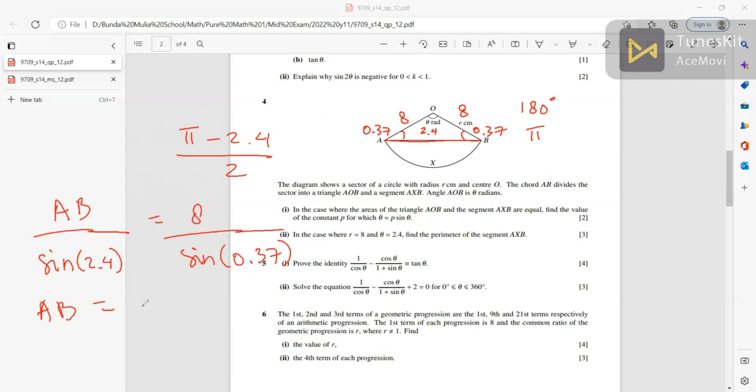So we have to be careful. In our calculator, we have to make this into radian, not degree. So AB equals to 8 times sine 2.4 over sine 0.37.